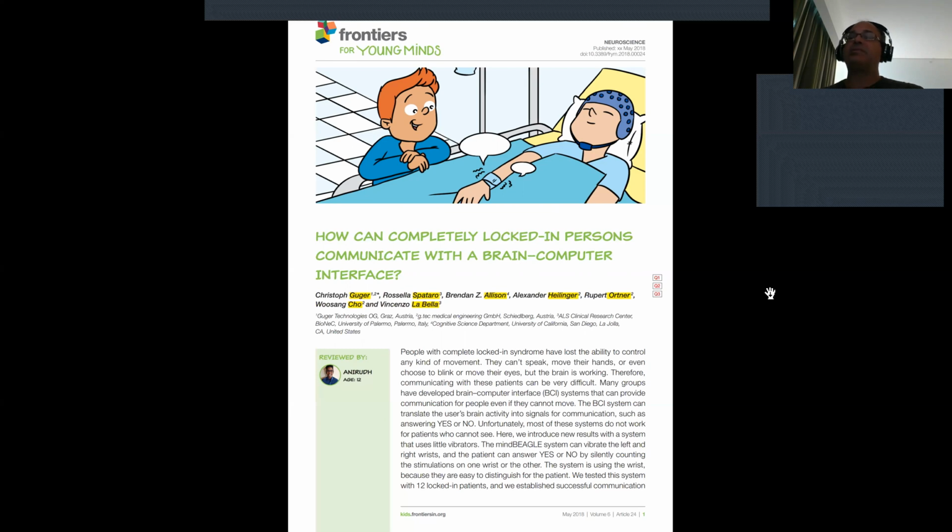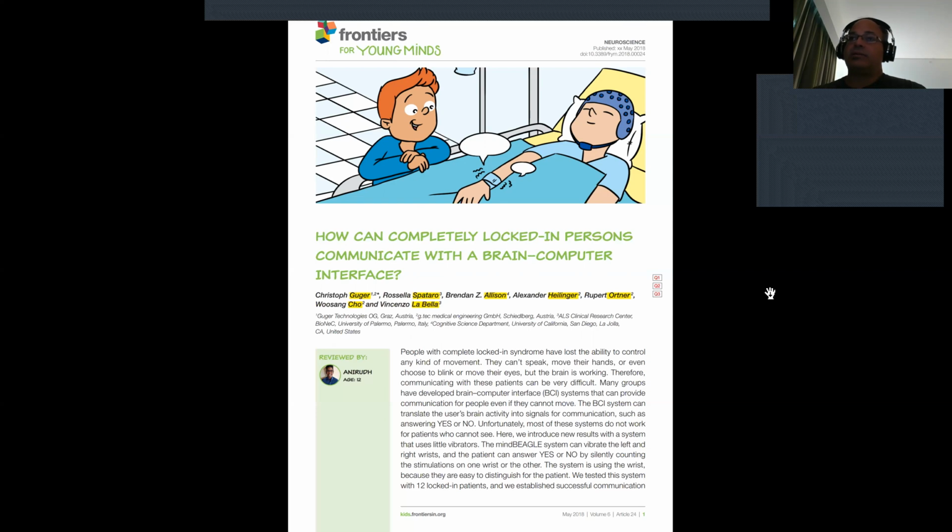And what happens then is whenever you flash a letter or another item that the user chooses to count, you get a brainwave called the P300. And this P300 reflects that you are paying attention to something. And if you flash something else, then you get no P300 or a much reduced P300. And this approach was first used in a BCI in 1988. That was a famous paper by Farwell and Donchin, the two scientists responsible for the first P300 BCI.